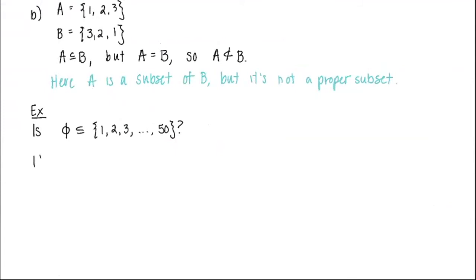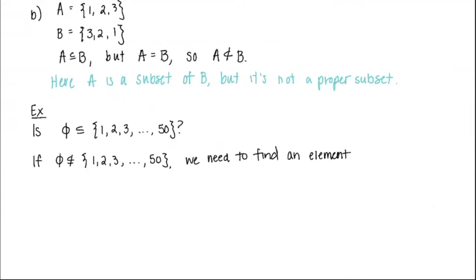So here, if the empty set is not a subset of 1, 2, 3, all the way up to 50, we need to find an element in the empty set, which again, remember, is just the set that contains nothing. We need to find an element in the empty set which is not in the set 1, 2, 3 through 50. Okay. If I can do this, it's not a subset.